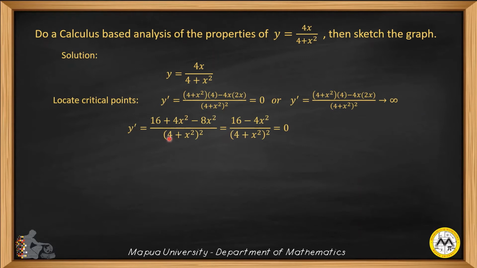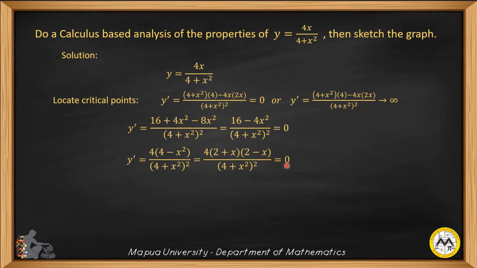So working now on y prime is equal to 0, simplifying this expression here into 16 minus 4x squared divided by the square of 4 plus x squared. Now this will be 0 when the numerator is equal to 0.